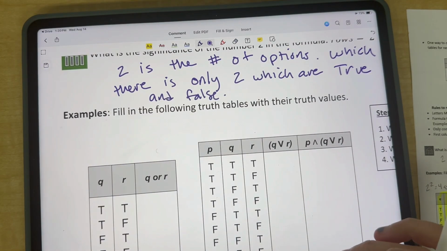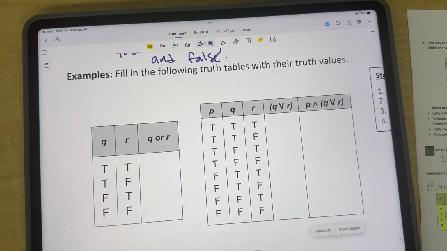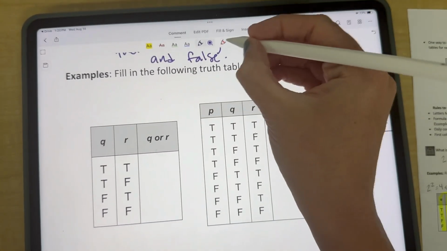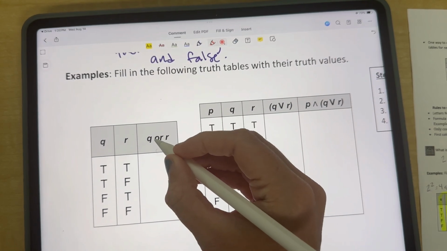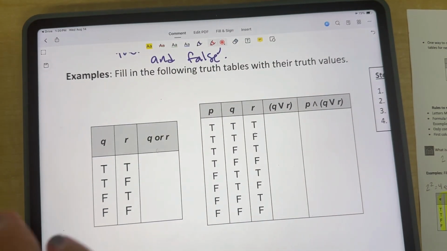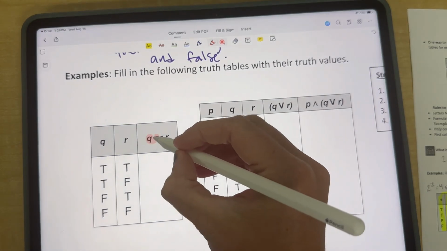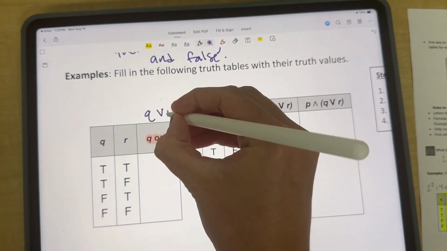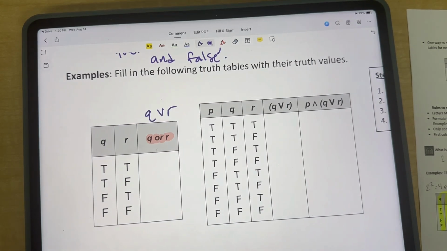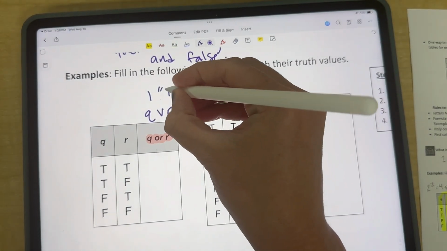All right, here we go. I've set up this one for you. This one's the final answer. The final question is always going to be in this last column. Columns go up and down, rows go from side to side. Our final question says Q or R. How many T's do we need? We only need one T first off.